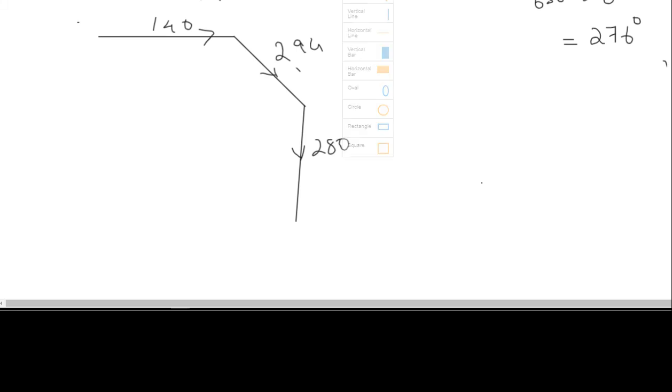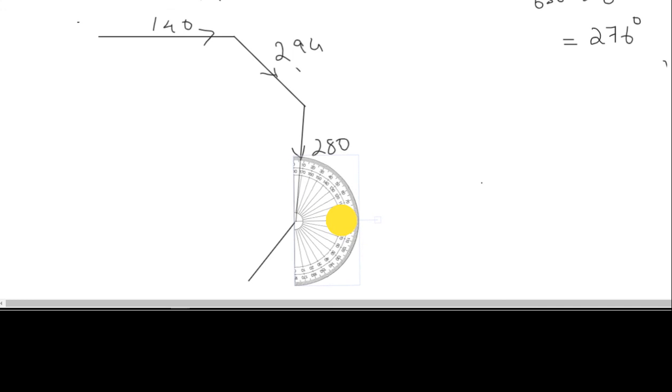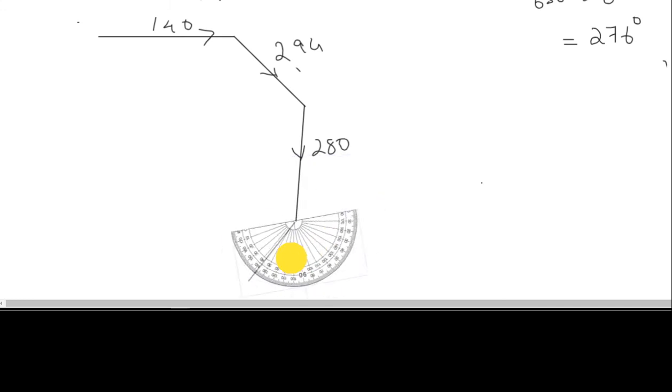If you take it properly, you will get something that resembles this, and you should take 240 as 180 plus another 60 if you place your protractor here. So 180 plus 60 should give you 240.